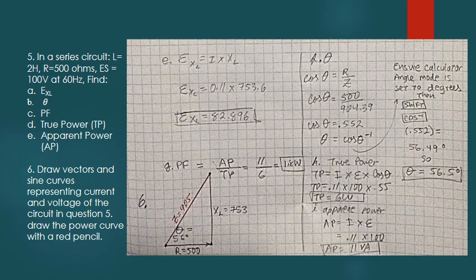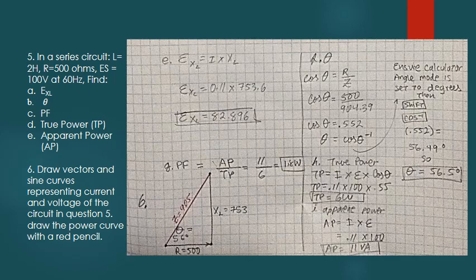We already know our current, we plug that in, 0.11, and our inductive reactance is 753.6. We just found that in the last set of steps. And we ultimately get a voltage drop at our inductive reactance of 82.896.